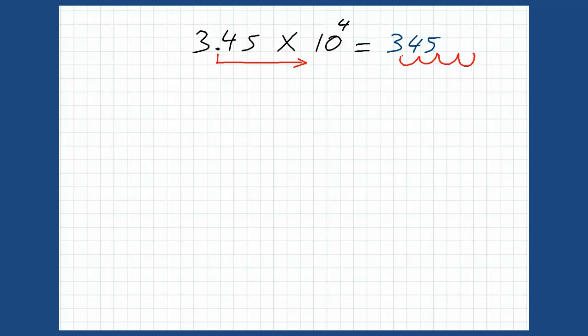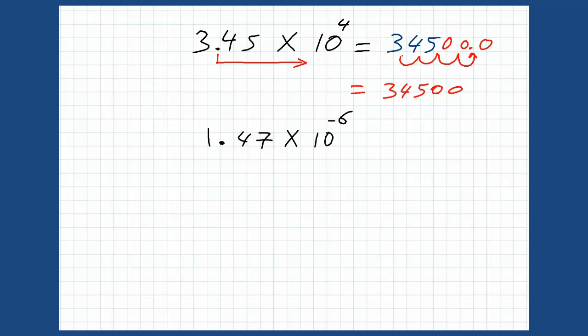So I need 2 more zeros, and then I'll put my decimal here. So my answer is going to be 34,500.